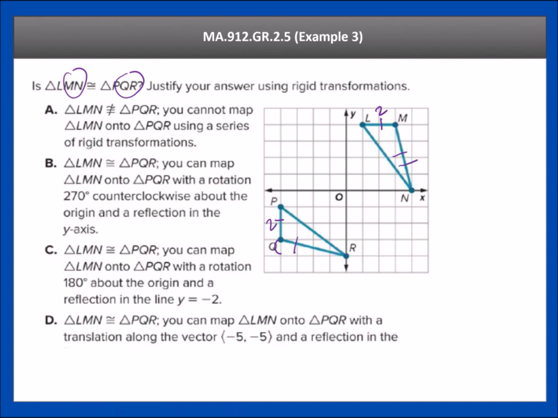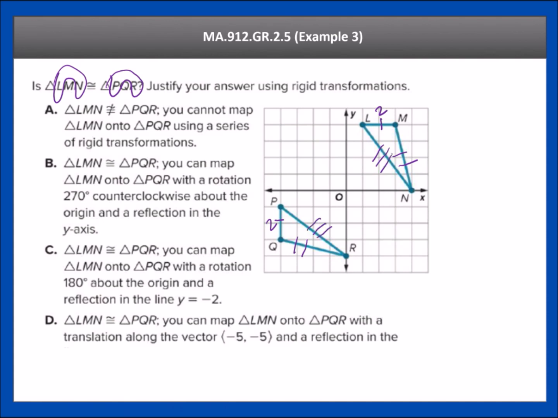And then lastly, PR has to map to LN, right? So if I look at this, this is 1, 2, 3, 4, 1, 2, 3. So 3 and then 4. That has to map to this 1, 2, 3, 4, 1, 2, 3. So they have the same numbers 4, 3, 4, 3. Therefore, they must be congruent. So these two triangles are congruent by SSS.